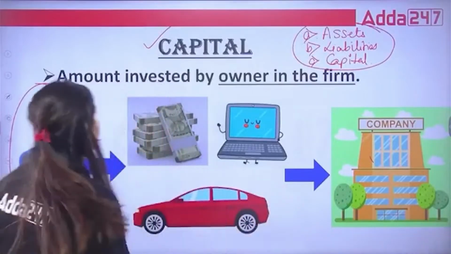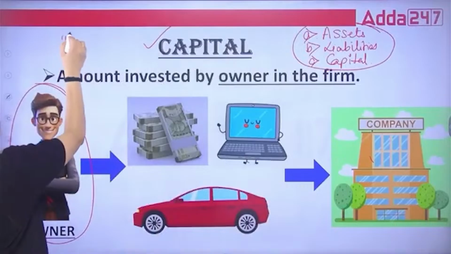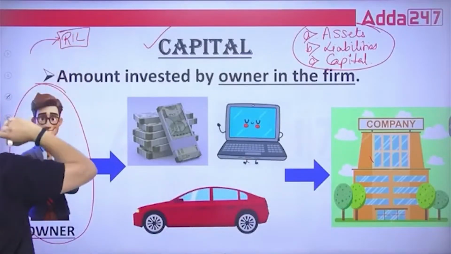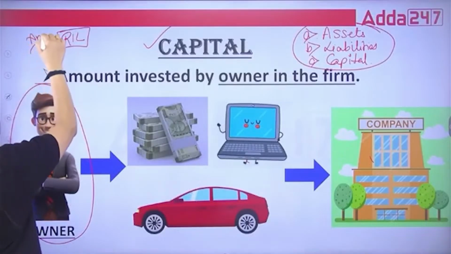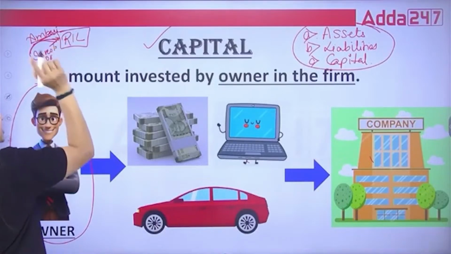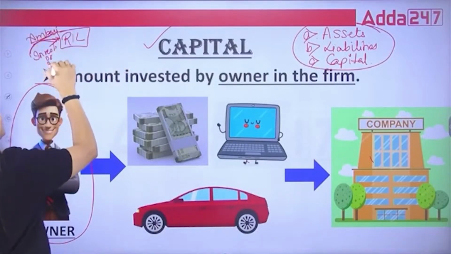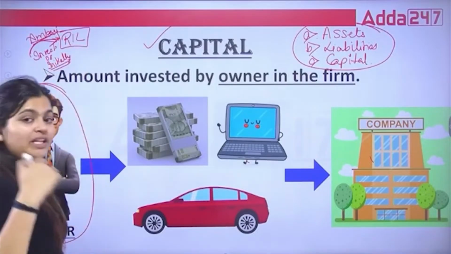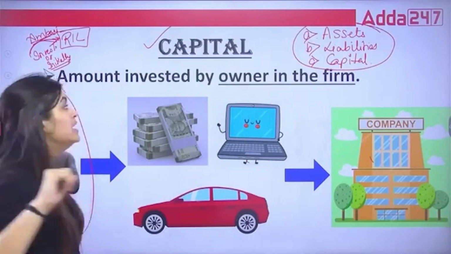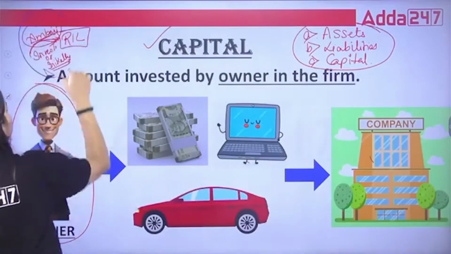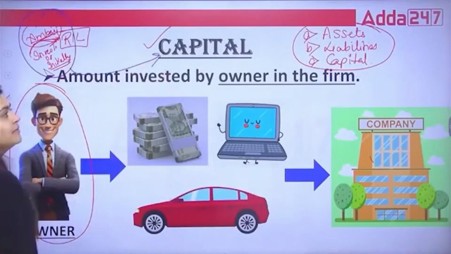Suppose I take one quick example: Reliance Industries, and we know the owner and founder, the Ambanis. When Dhirubhai Ambani ji started Reliance Industries, he initially invested the amount. So this side of the story is known as capital.